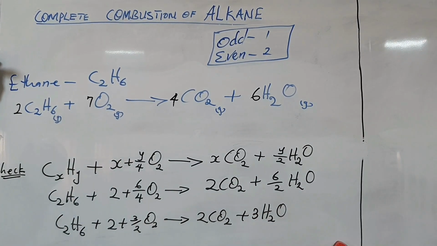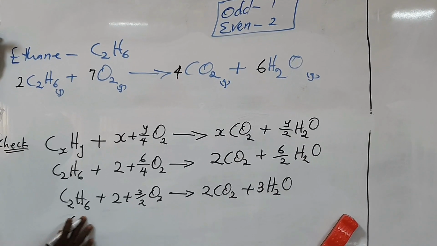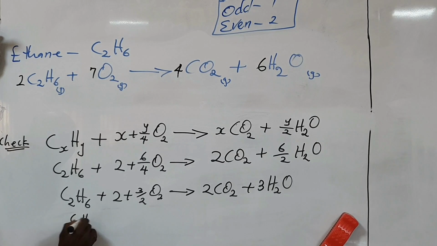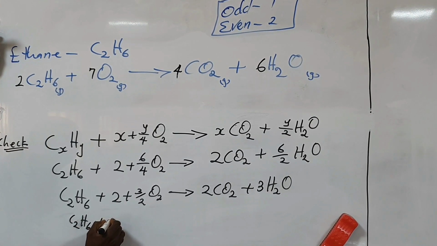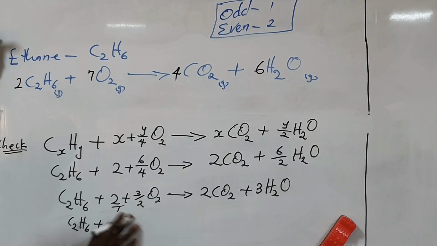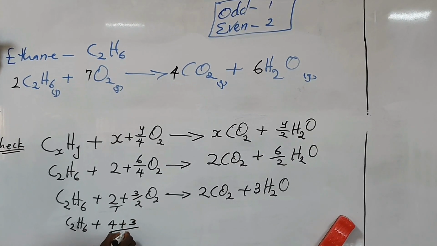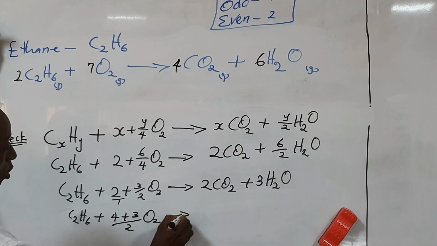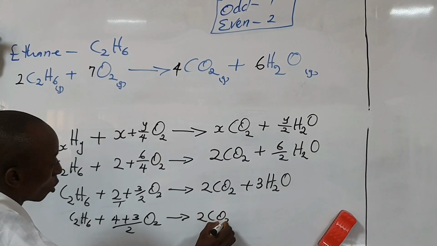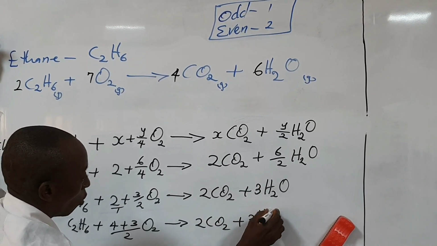Now, looking at this closely, this becomes C2H6 plus, this is over 1 from our elementary mathematics. This gives us 4 plus 3 over 2 of oxygen atom to give you 2 moles of carbon dioxide, 3 moles of water.